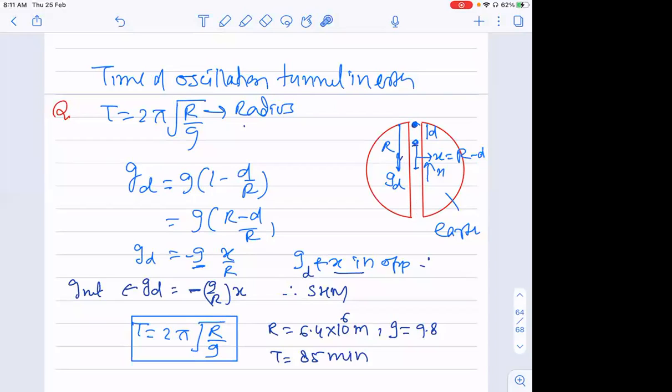We cannot dig the tunnel through that. Hardly, I don't think any tunnel has been dug more than 200 kilometers, because the temperature inside is very high. The machines or drilling bits don't sustain there, they get melted inside.